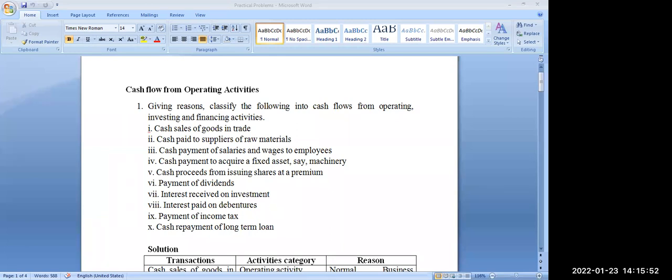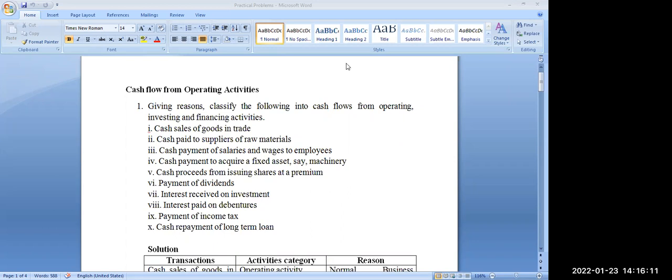The first one is cash sales of goods in trade. You are selling goods for cash. Which activity is it? Operating activity.